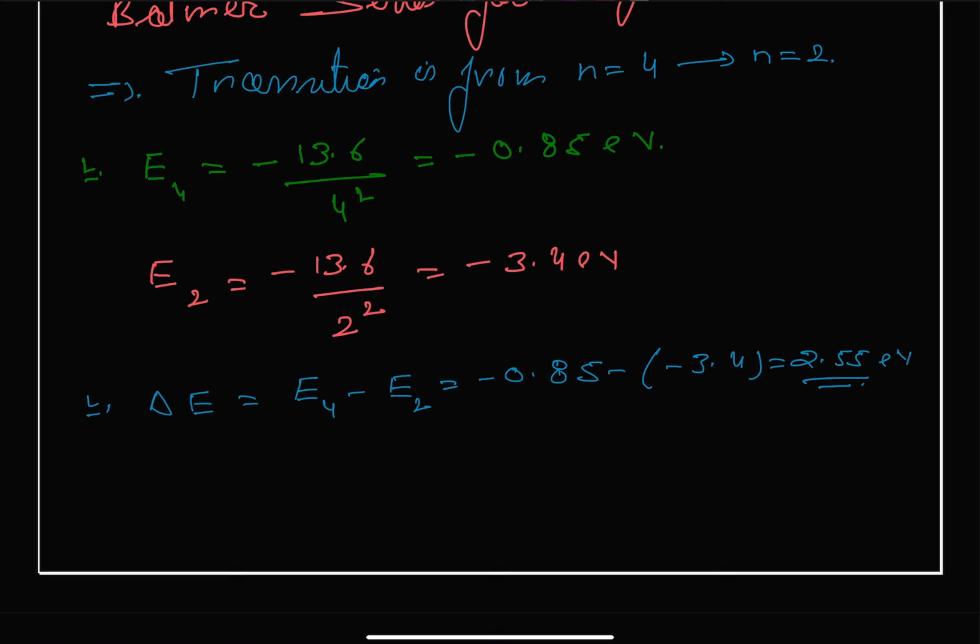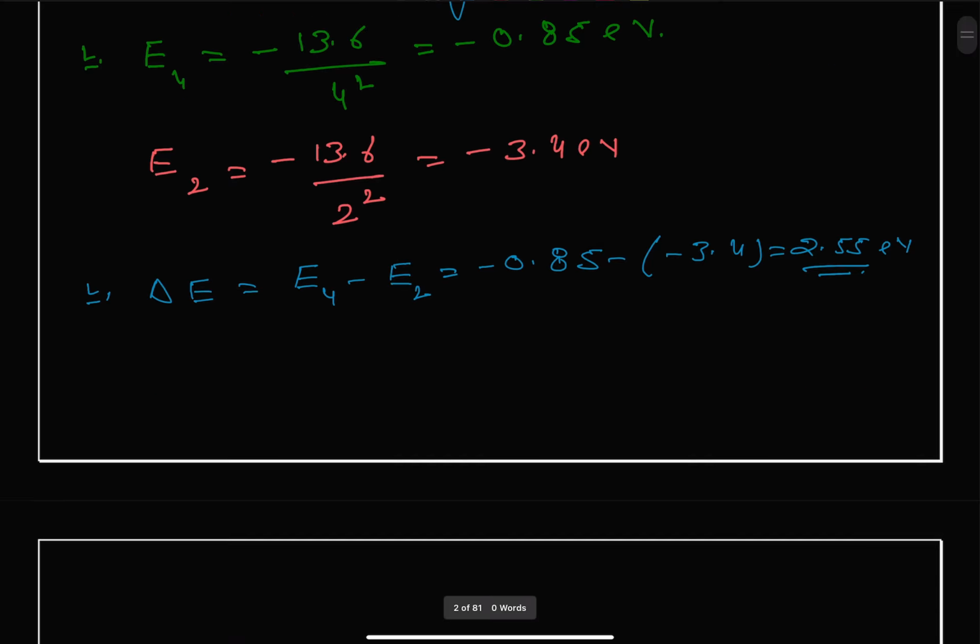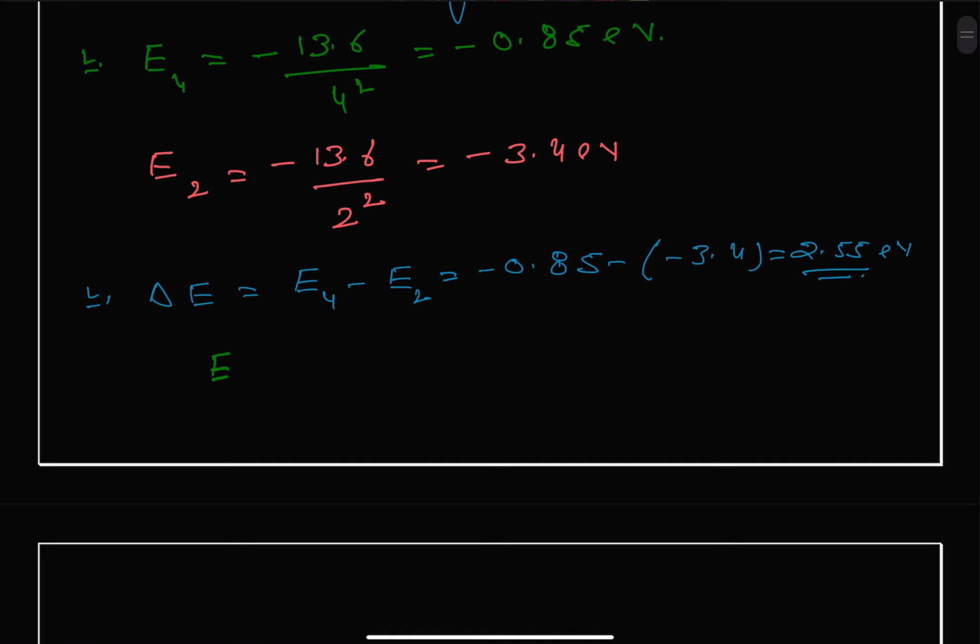So energy of photon will be equal to the difference in energy, and this comes as 2.55 electron volt.